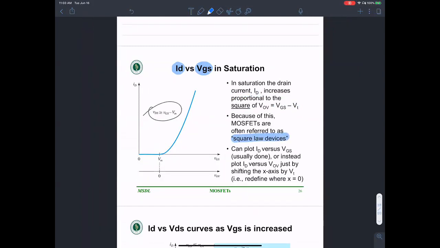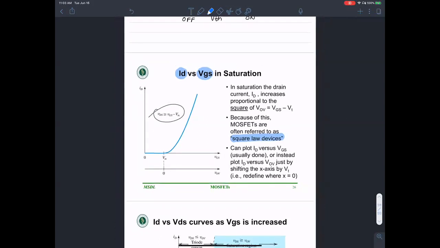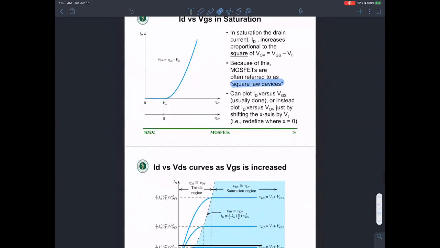We can plot ID versus VGS, usually done, or instead plot ID versus VOV, just by shifting the axis. Here is the idea. Does it make sense?